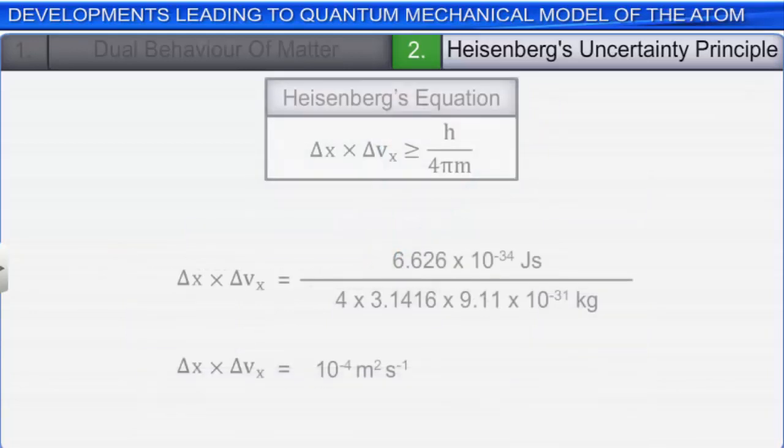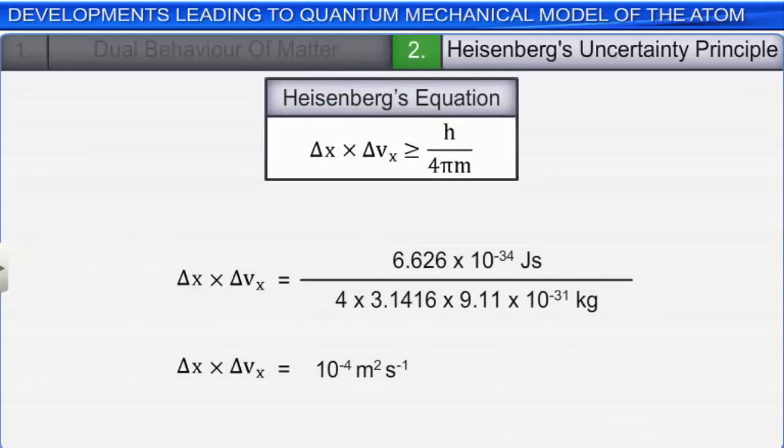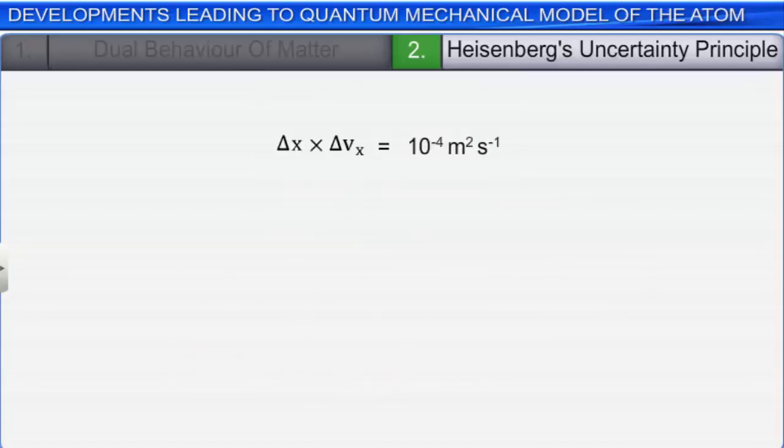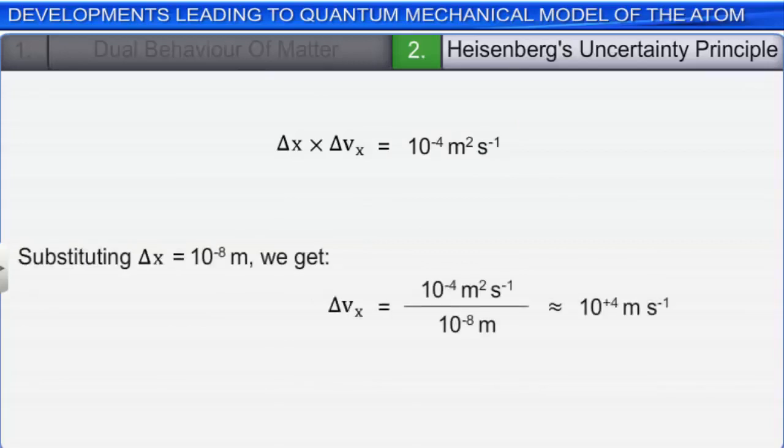As we have already calculated, for an electron the product of delta x and delta v is found to be equal to 10 raised to the power minus 4 square meters per second. Therefore, the uncertainty in velocity can be calculated by substituting the value for delta x, say 10 to the power minus 8 meters, in Heisenberg's equation.